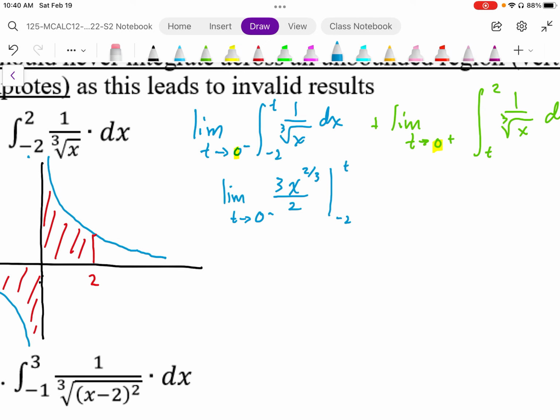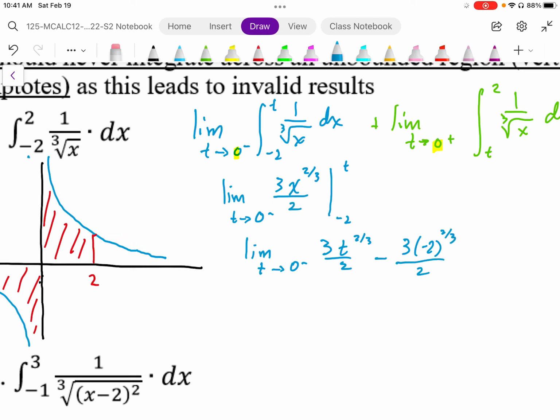So I'm going to put it into my definite integral form. So I end up with 3t to the 2/3 over 2 minus 3 times -2 to the 2/3 over 2.